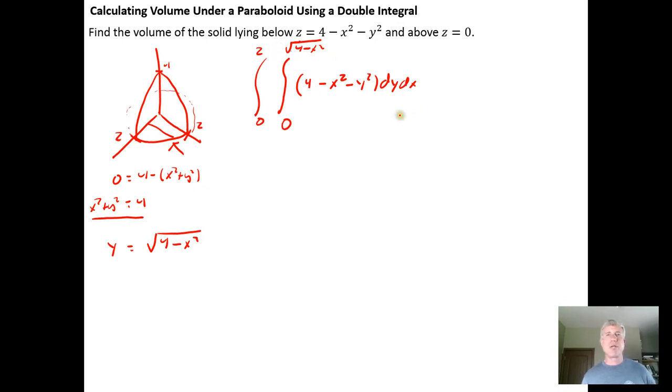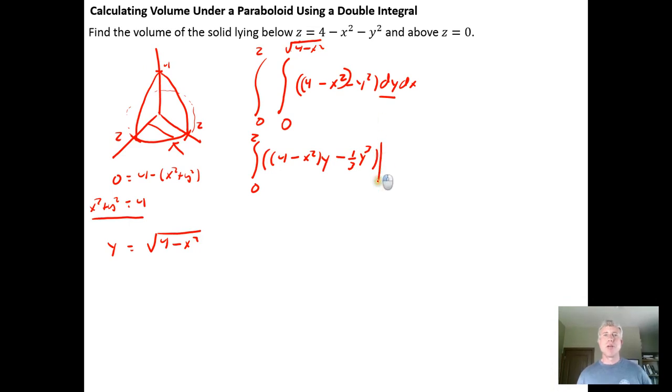So if we're integrating first with respect to y, that means that the 4 minus x squared is held constant. This is a constant with respect to y. So on my first integration, I get the integral from 0 to 2 of the constant 4 minus x squared times y minus, I know I have to integrate the y squared, so I'm going to get 1/3 y cubed.